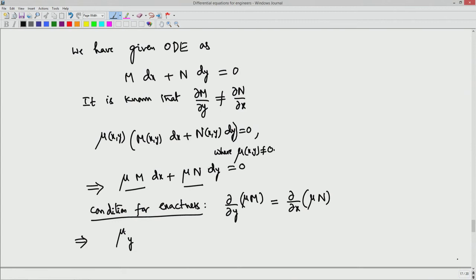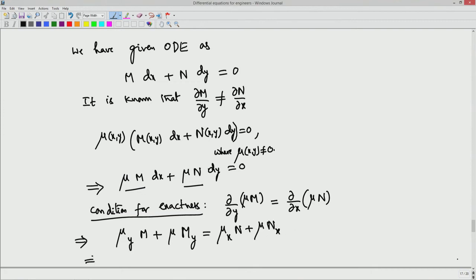Mu is a function of x and y, so subscript y means partial derivative of mu of x, y with respect to y. So mu_y M plus mu times M_y, the partial derivative of M with respect to y, equals mu_x N plus mu times N_x.